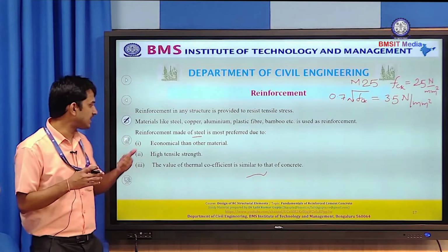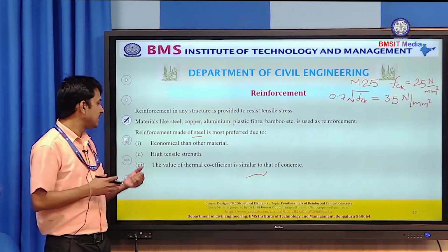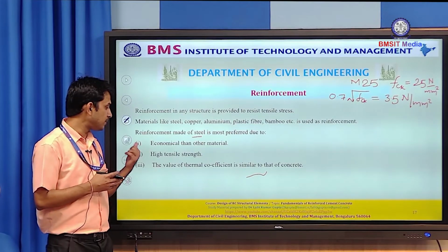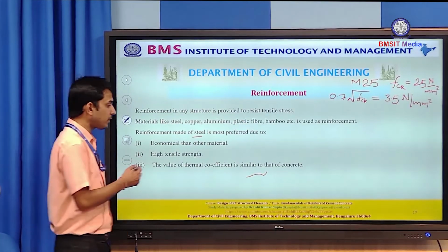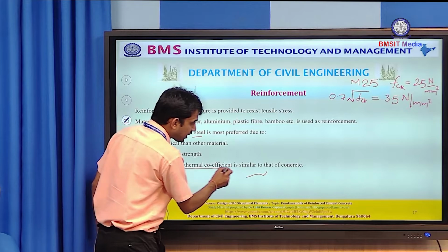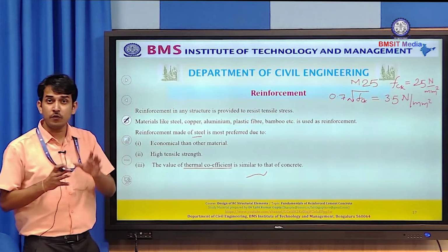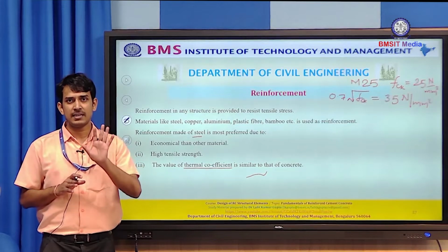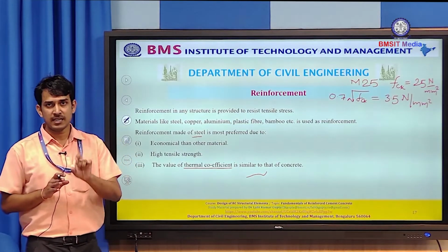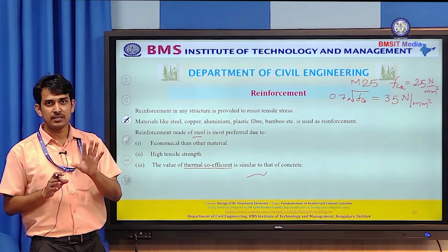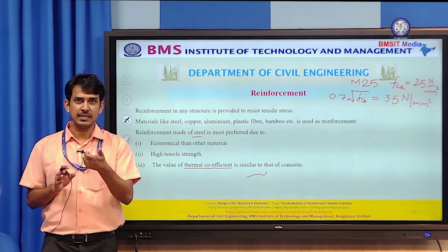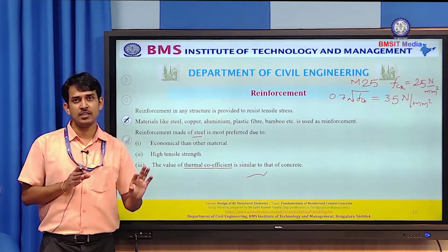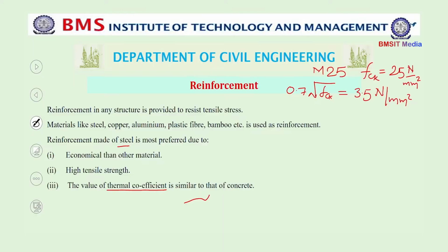The first is that it is economical, then it has high tensile strength, but the most important reason is the thermal coefficient value. The thermal coefficient value of steel is similar to that of concrete. That is why we prefer steel as reinforcement.